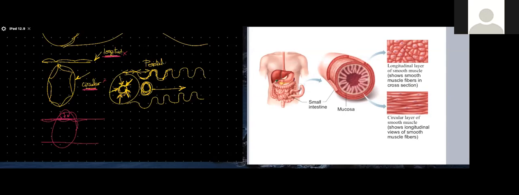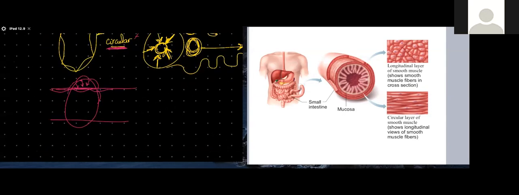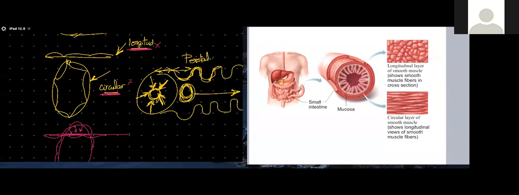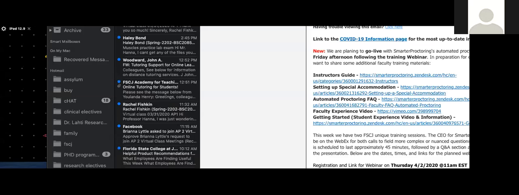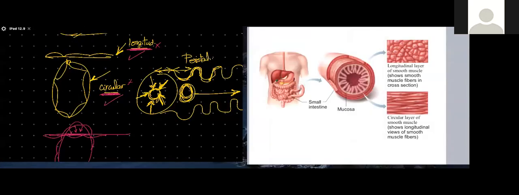So again, what is the general arrangement of the muscle layers? An outer longitudinal and an inner circular muscle layer.